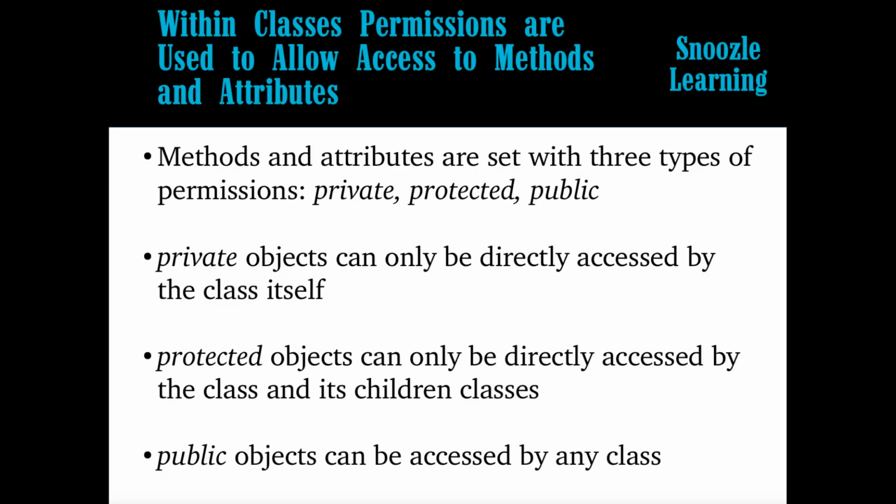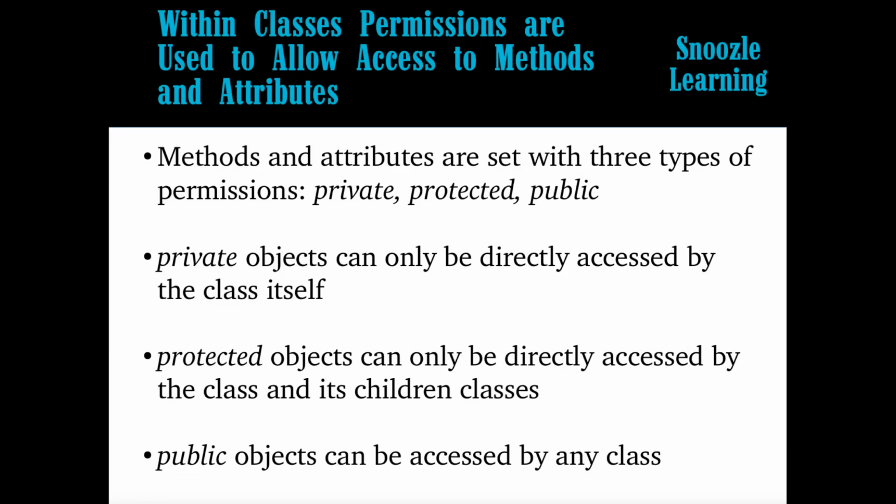Protected objects are very similar to private objects, except we'll talk about inheritance in the next lesson. Protected objects act as private, but if you have an inherited or child class, a class that can access the attributes of the parent class, it can access the protected methods and attributes as well as the public ones.